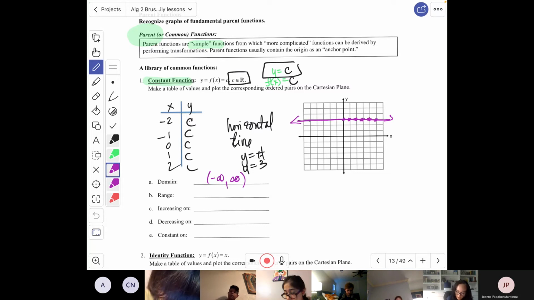It's the same value, right? In this case, it's 3. But for any constant function, it's just c, right? It's just that one value. Does that make sense? In this case, c is 3, but it's just that c value. Doesn't have any larger y values, doesn't have any smaller y values.